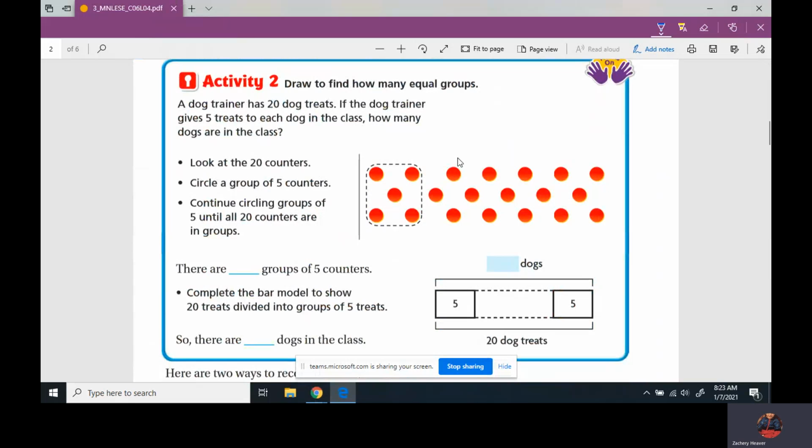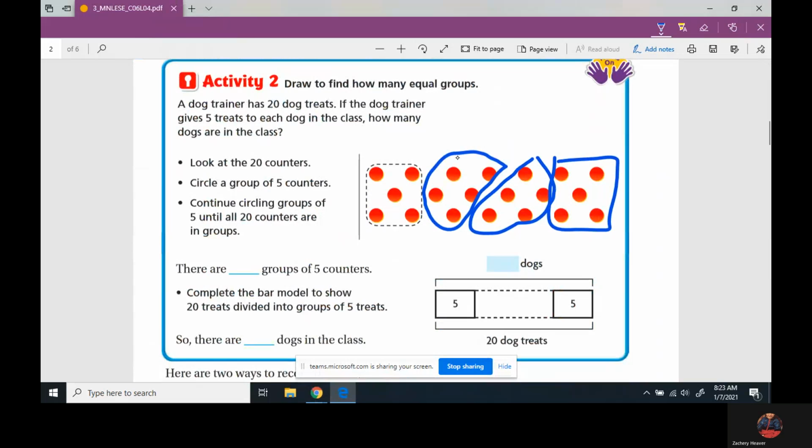Now this one looks a little funky. I'm going to circle 5 right here. This makes 2 dogs. I'm going to circle 5 right here. 1, 2, 3, 4, 5. This makes 3 dogs. I'm going to circle 5 right here. It makes 4 dogs.